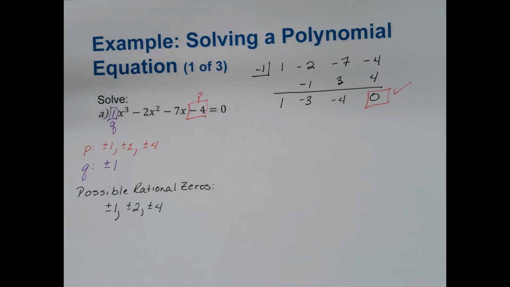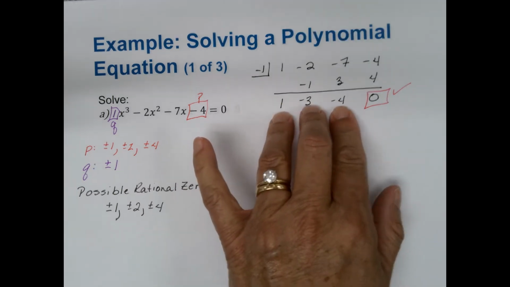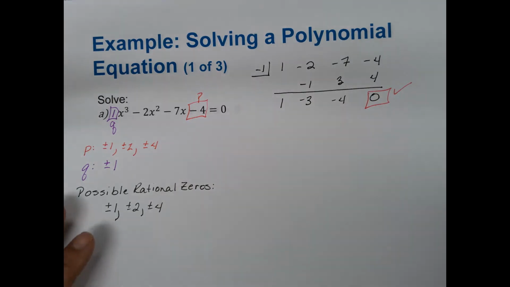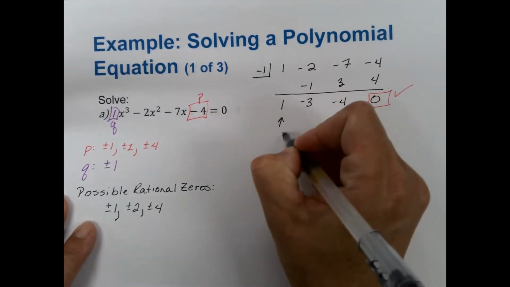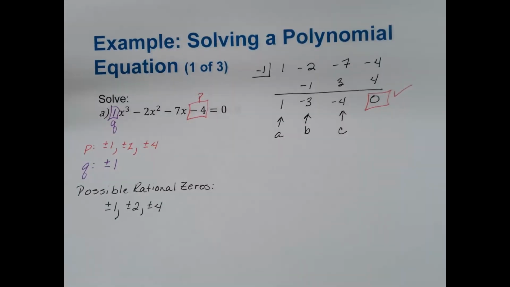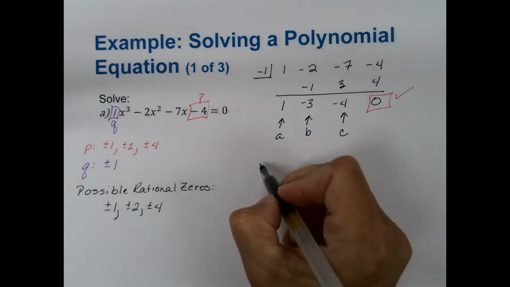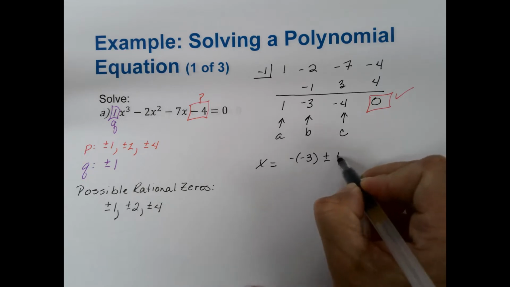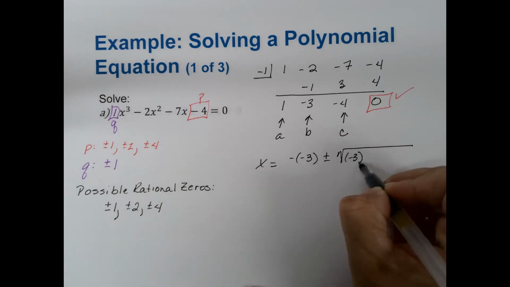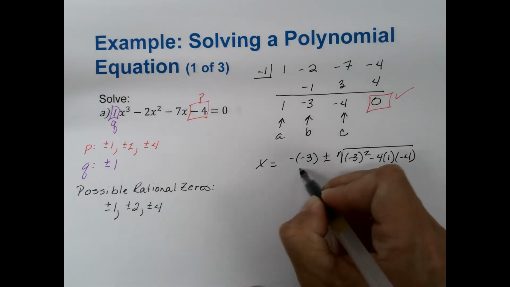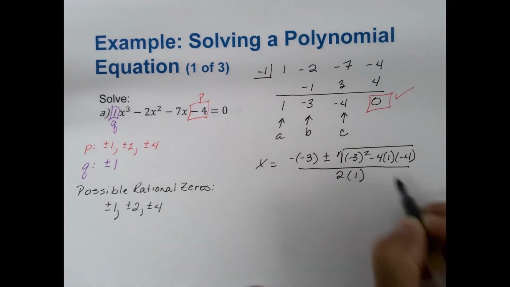At this point, I really don't have to try any of the others in the box. Why? Because now I'm left with a quadratic. My quadratic formula is going to tell me the rest of them. Okay. So remember that this is A, this is B, this is C. Negative B plus or minus the square root of B squared minus 4 times A times C, all over 2A.